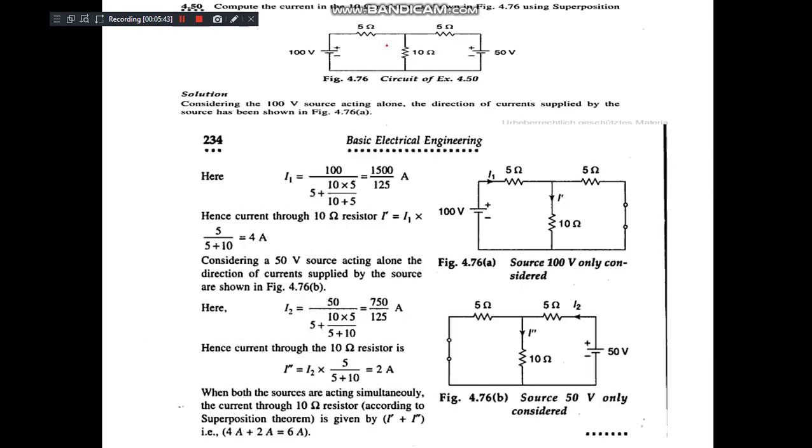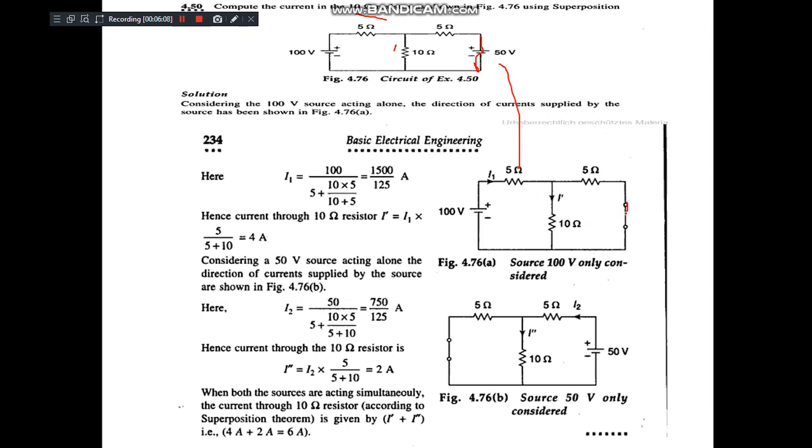Here we will consider a simple problem similar to the previous steps. So the first step is deactivating this source. According to the problem, compute the current in the 10 ohm resistor. So we deactivate this source, and then the circuit becomes like this.